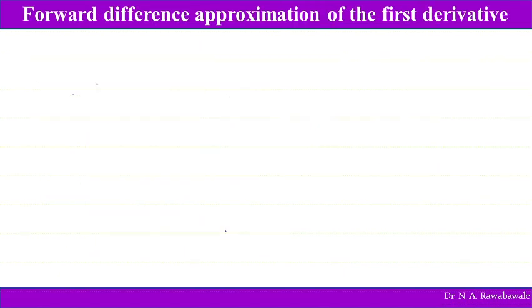Now we move towards the forward difference approximation of the first derivative. Whatever we obtained for v dash is written in terms of the function f of x.